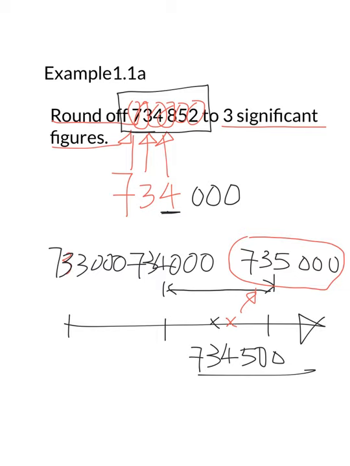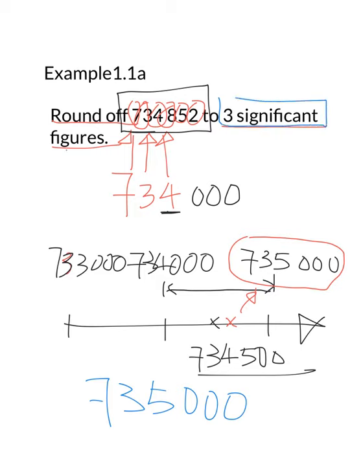So in this case, it should not be 734,000, it should be 735,000. So besides the number of significant figures that we are using, we also need to consider the word round off.